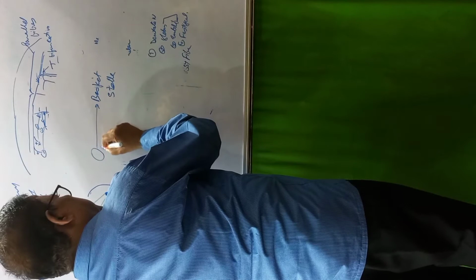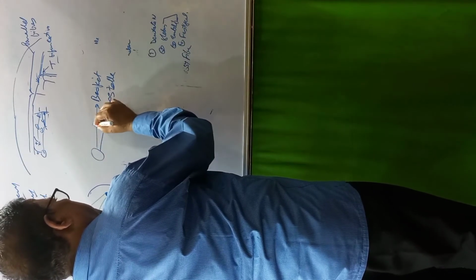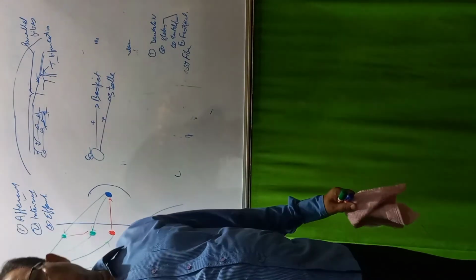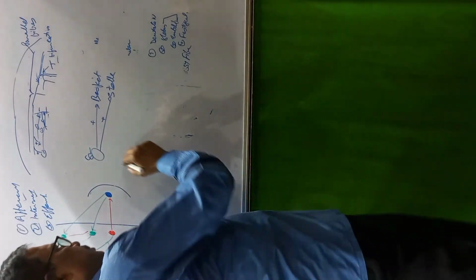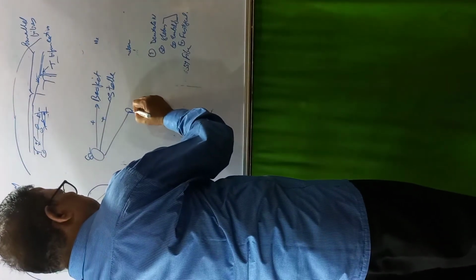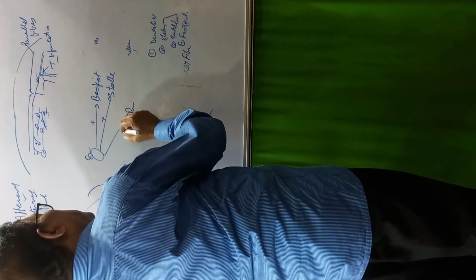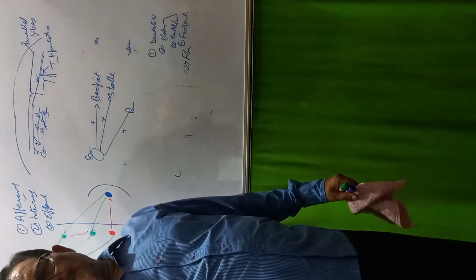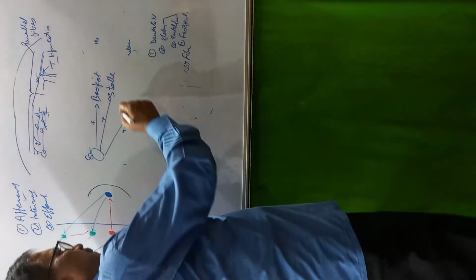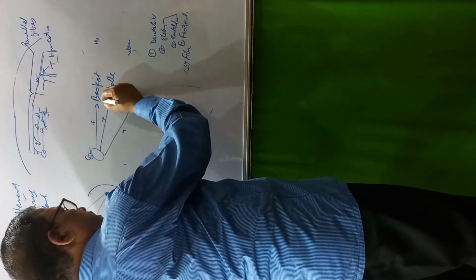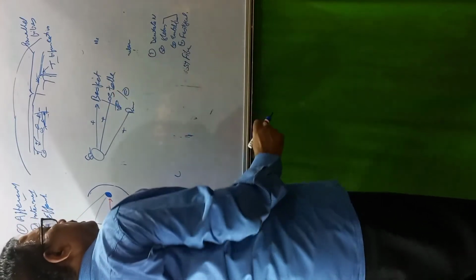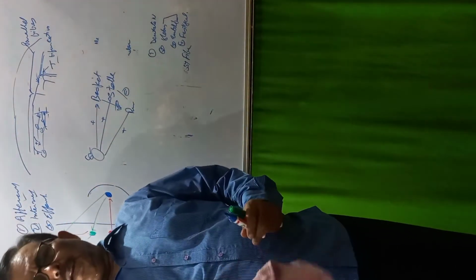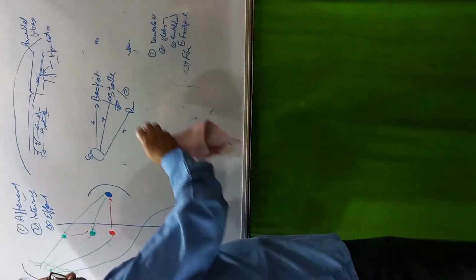It stimulates these two, and also stimulates the Purkinje cell, and this is stimulatory. Now the basket cell and stellate cell will inhibit the Purkinje cell. This is feed forward inhibition.